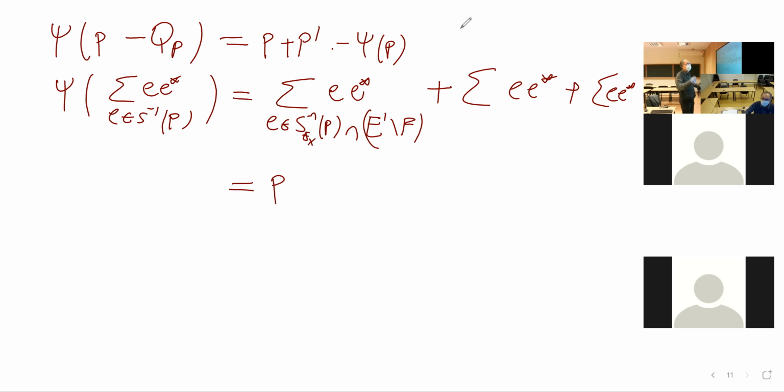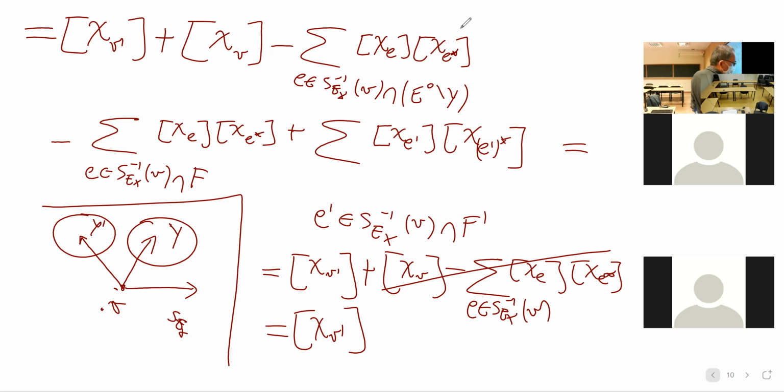Sorry, P is a vertex. So nonetheless, these are vertices. So this will add up to projection of this vertex. So skipping the baroque notation, it is just P. All right, so we are done with this one. Yeah, this was very fast.